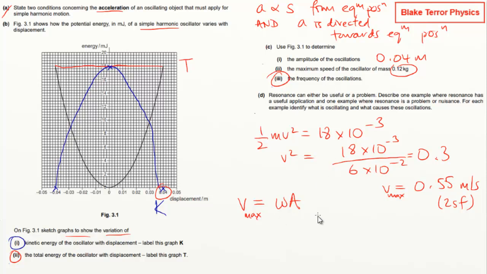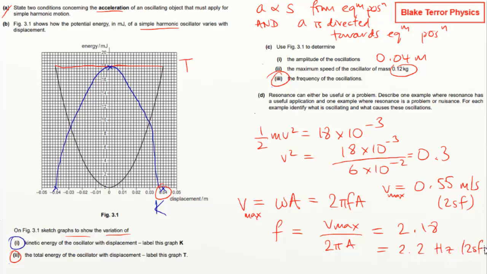So what we're trying to get is the frequency, so that is 2 pi f times A. So f is v max divided by 2 pi A. Let's put v max back in again to get a more accurate number. Divide that by 2, divide that by pi, and then divide by A, which is 0.04. It's going to be just over 2 then, so we got 2.18, which is 2.2 hertz, again to two significant figures.